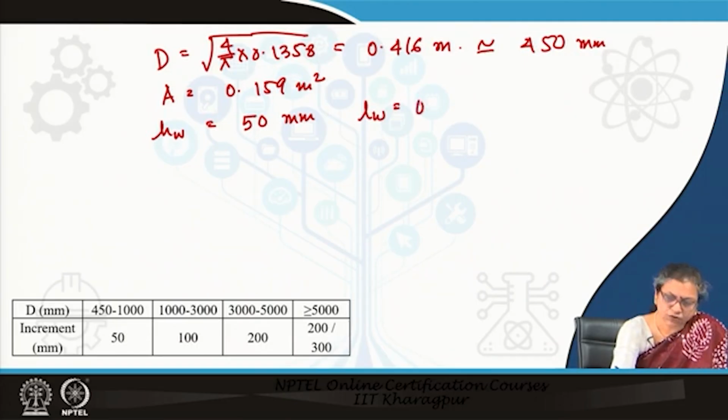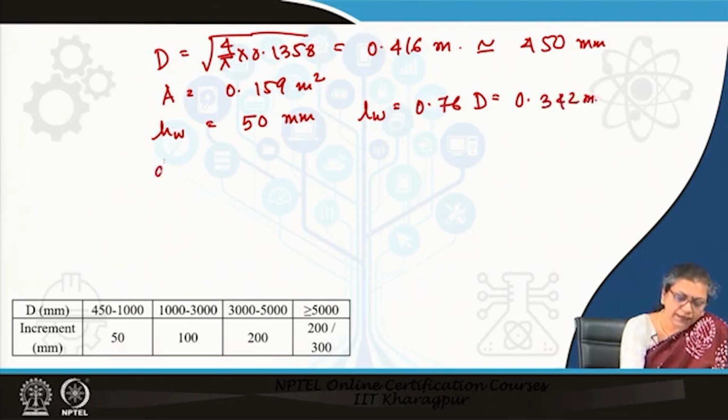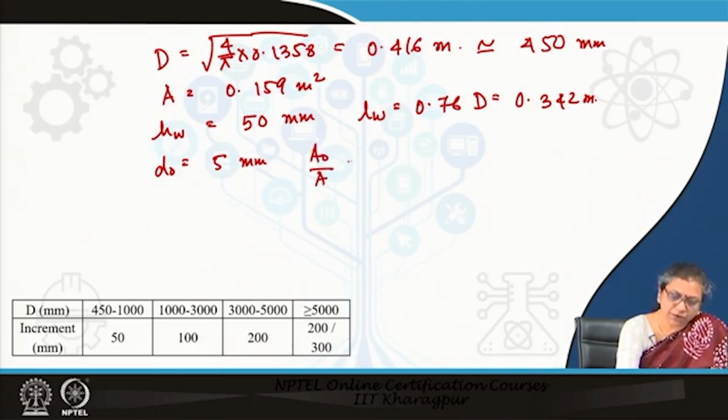LW you can assume is generally 0.76 D. So, therefore, this is 0.342 meters. You can see, to start with, I have told you, we assume the diameter of the perforations to be 5 millimeters, and we assume AO by A to be 0.1. So, from there let us find out the other distributions.